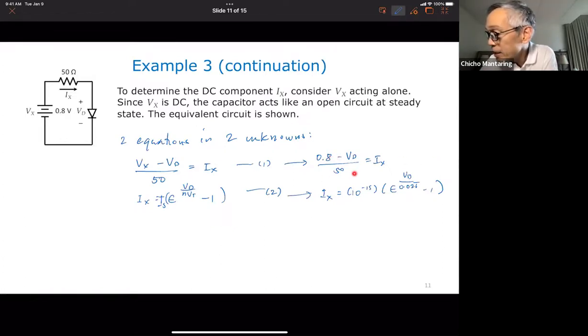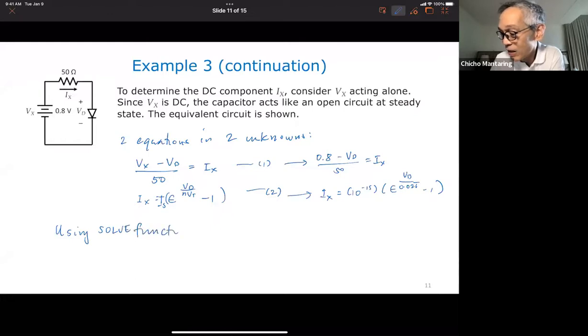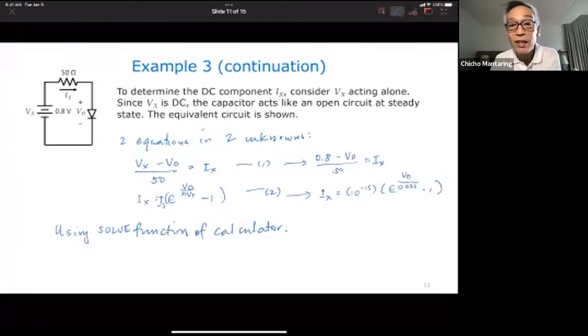If you equate this to this, you plug that into your calculator, you can get V sub D, and then after getting V sub D, you just get I sub X. So I'm just going to say, using the solve function of your calculator, you can come up with a solution.